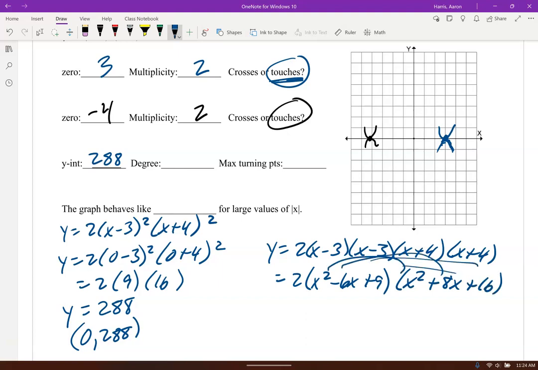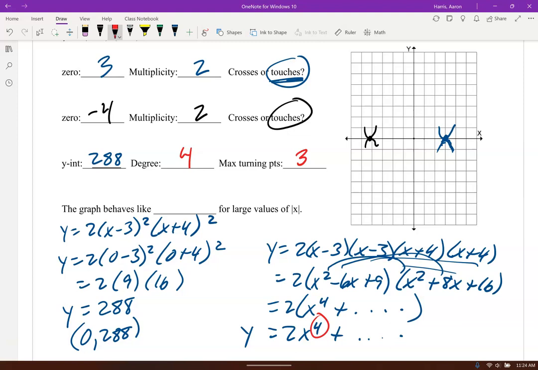Anyways, we keep doing all this, and this ends up being 2x to the 4th plus a bunch of junk, right? So the degree is 4. So that means there are at most 4 minus 1, 3 turning points. At most 3 turning points, okay?